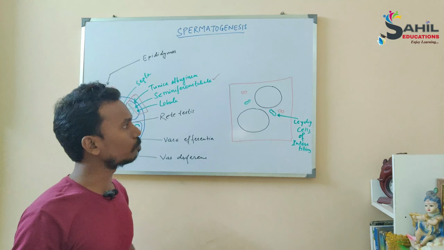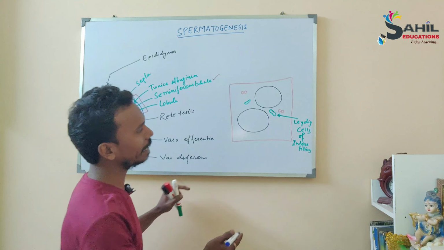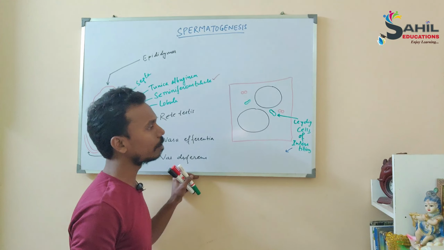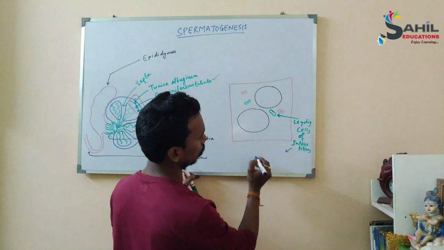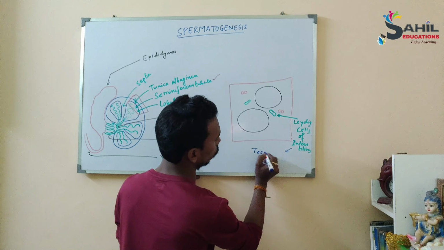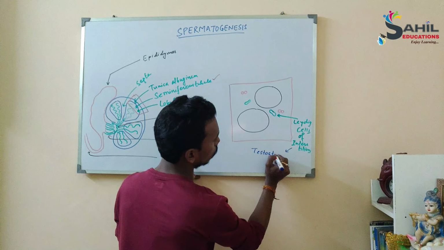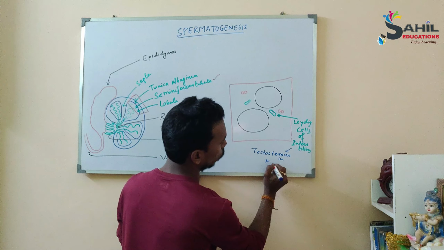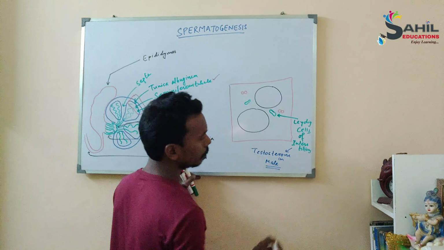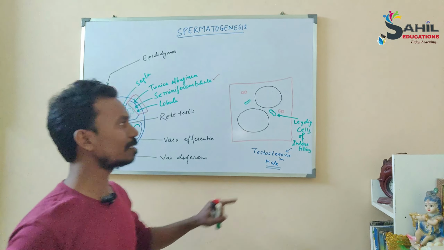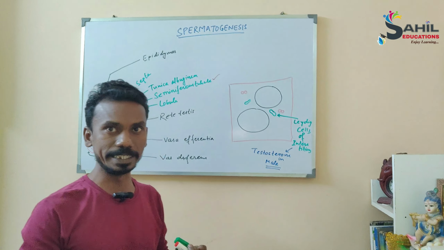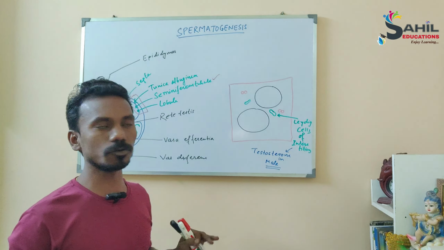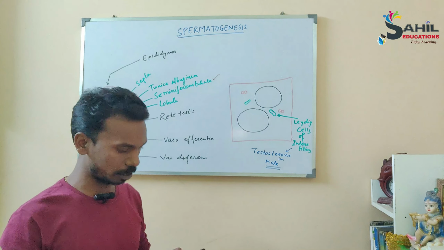Now talking about the function of these Leydig cells, these Leydig cells perform the production of testosterone in the male body. Testosterone is produced by the interstitial cells of Leydig. Now we are going to look inside the seminiferous tubule.